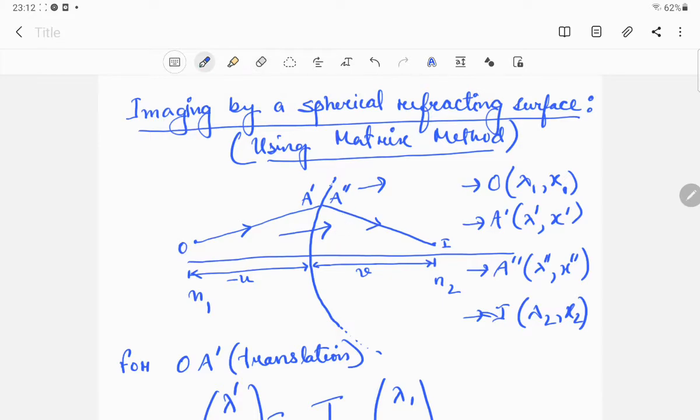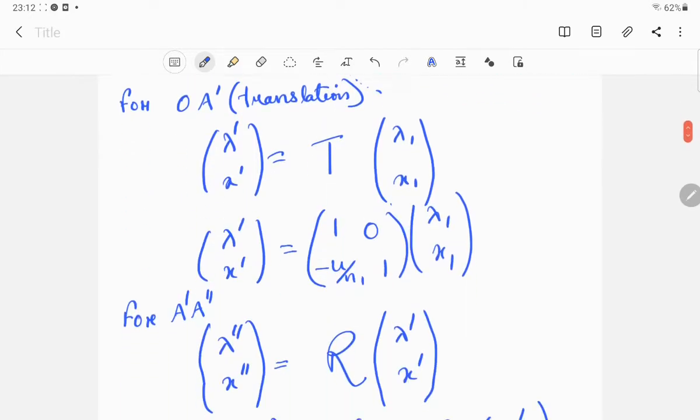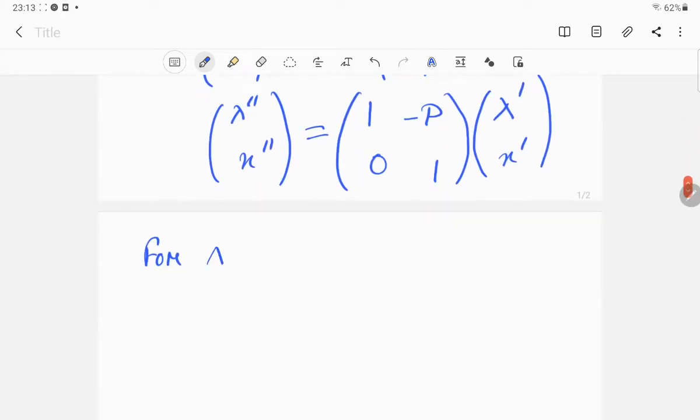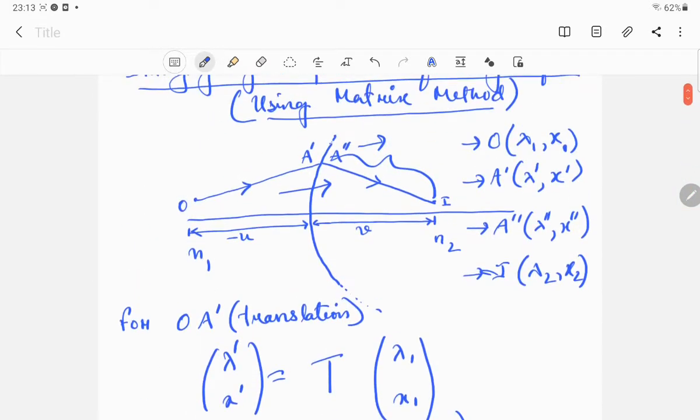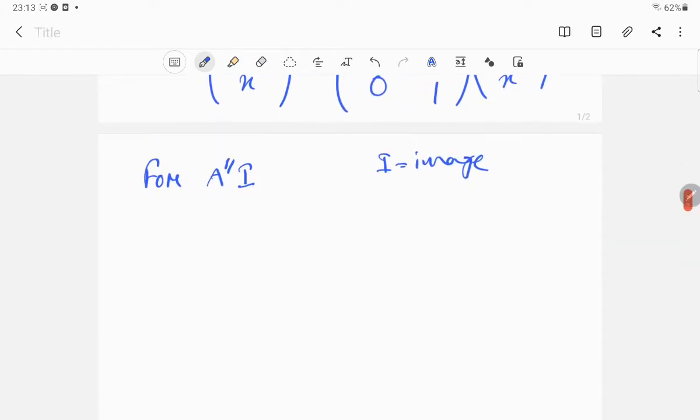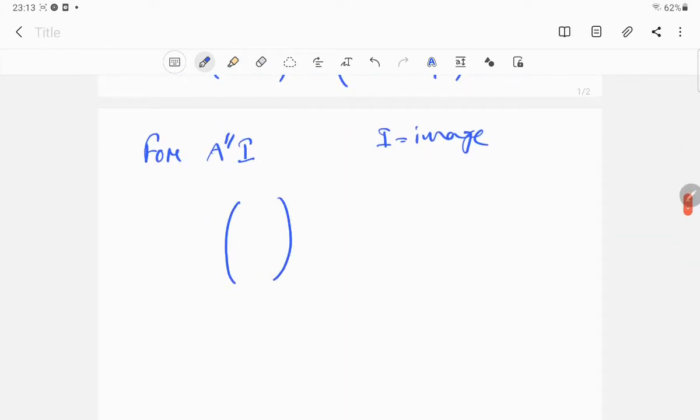Now the next thing is A'' to I, where I means image. So we are almost at the image, the final stage. Look at the diagram. A'' is now the input, and I is the output.